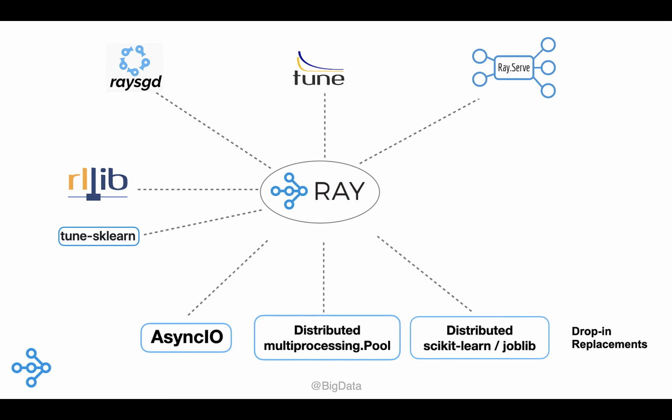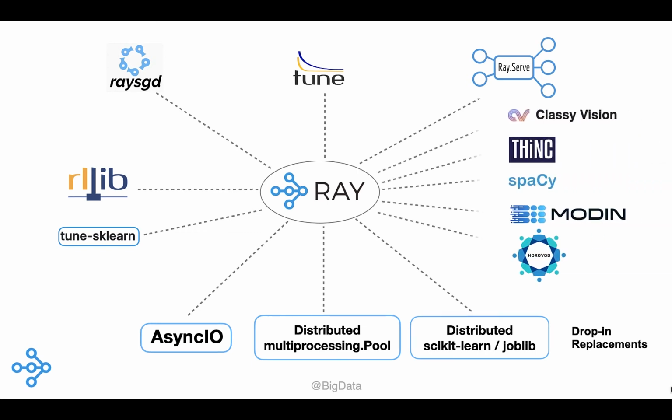Ray also has drop-in replacements for parallelizing very popular libraries used by Python developers. And finally, developers are learning that there are a growing number of popular machine learning related libraries that use Ray.